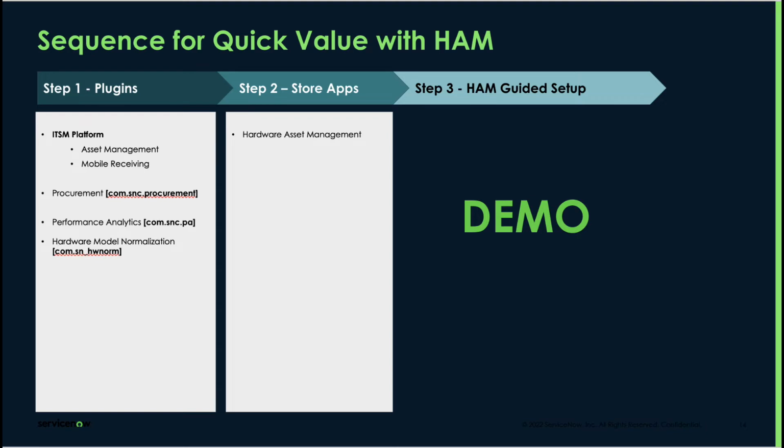So once you have these base plugins, you are ready to do anything with asset. And then comes the hardware asset management, which is built over the base asset management, and it is a store app. So when it comes to the store app, you need to raise a request. The request will go to our sales or account team.